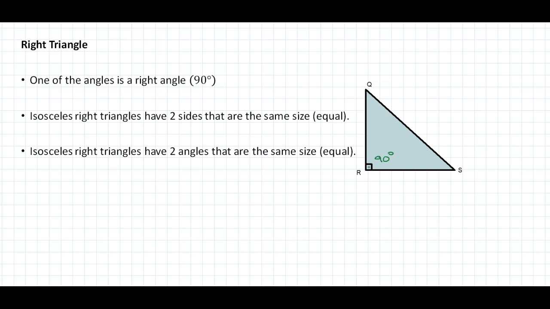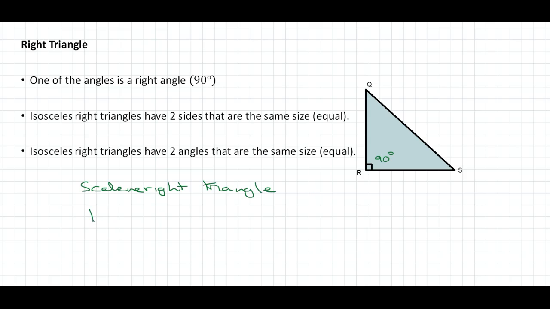And we have different types of right triangles. We can never have an equilateral right triangle, but we can have a scalene right triangle, which means that all three sides are unequal, so all the angles are unequal. Let me take note of that: scalene right triangle. In this case, all the sides are unequal.